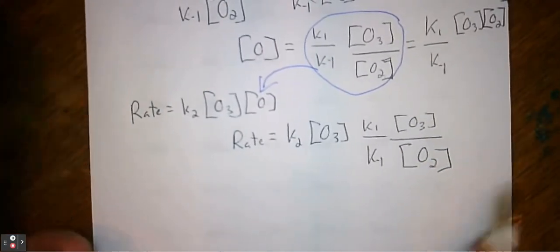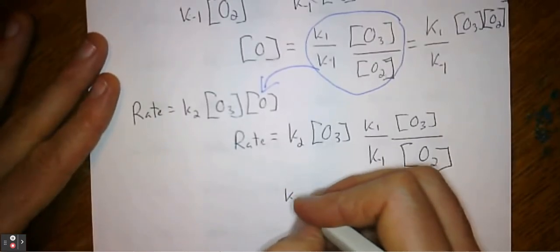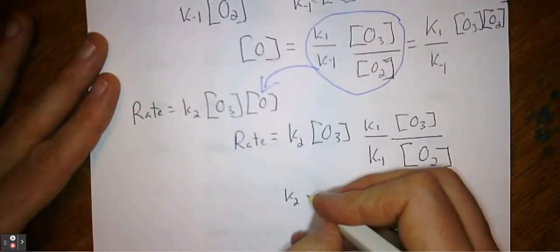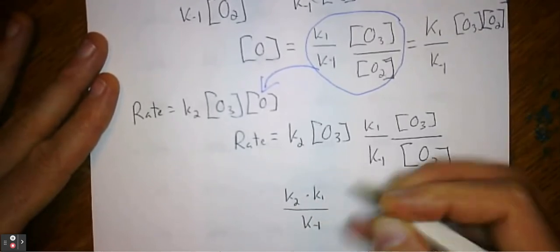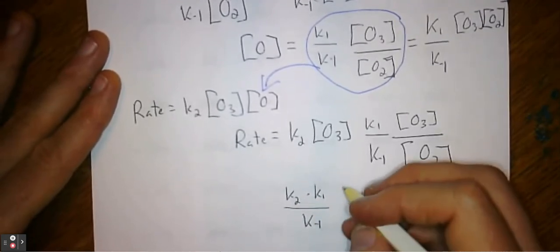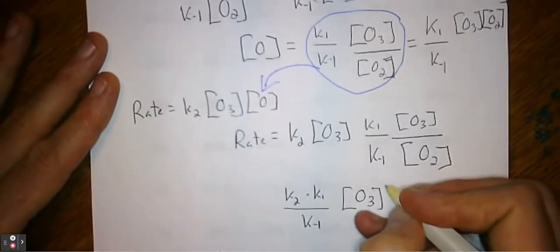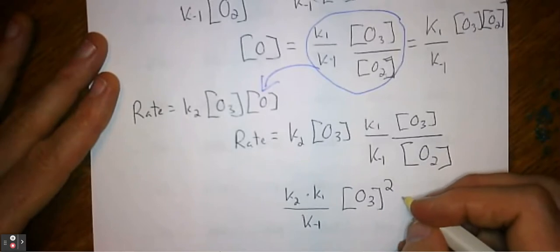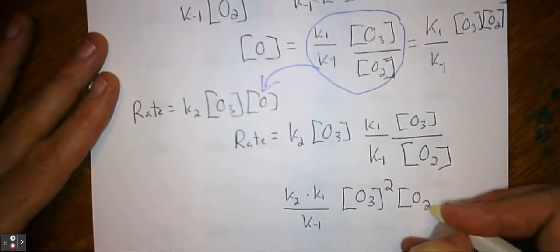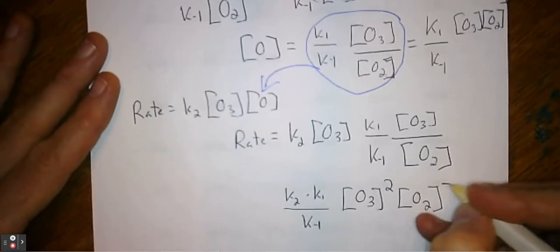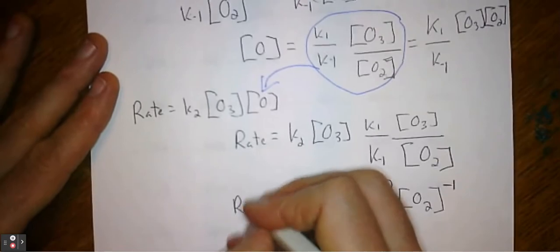All right. And now I want to combine like terms. I would bring all my K's to the front: K2 times K1 divided by the rate constant of the reverse reaction, K inverse 1, O3 squared, O2 to the negative 1, equals rate.